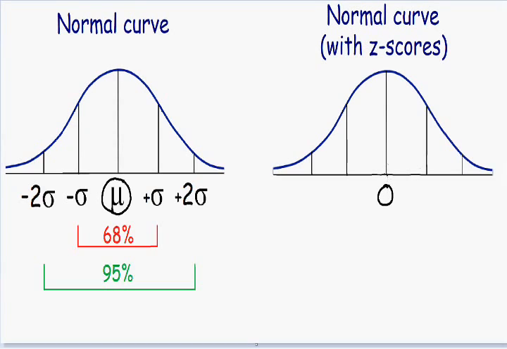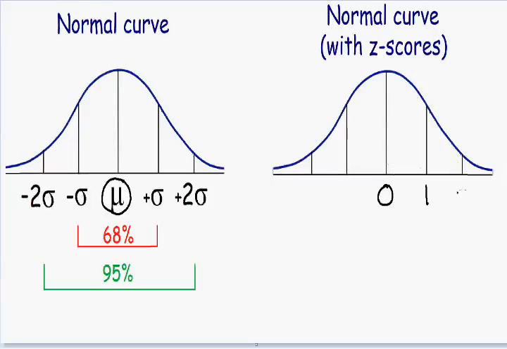And the distance of the average to 1 standard deviation above the average is going to have a z-score of +1. So I'm going to put a +1 standard deviation above the average. And the distance of 2 standard deviations above the average is going to have a z-score of 2.